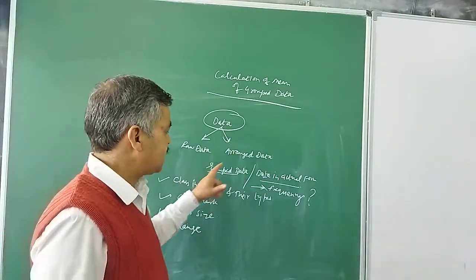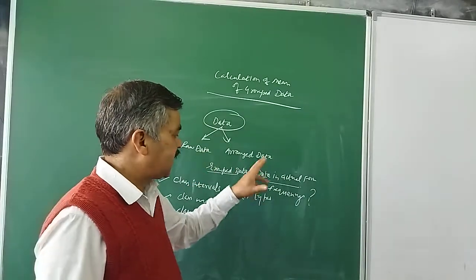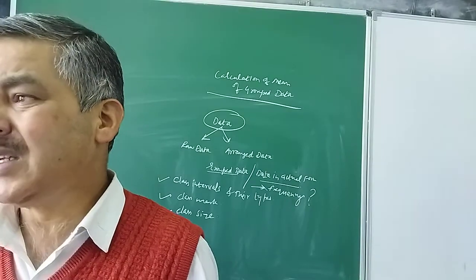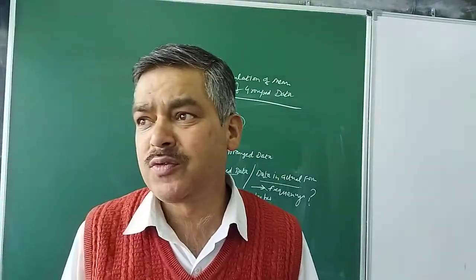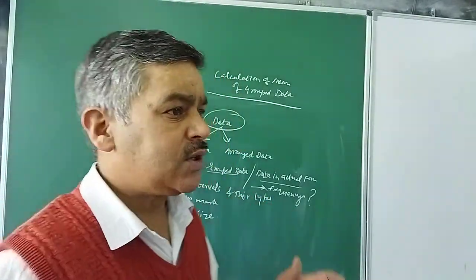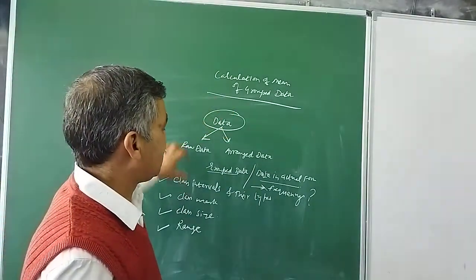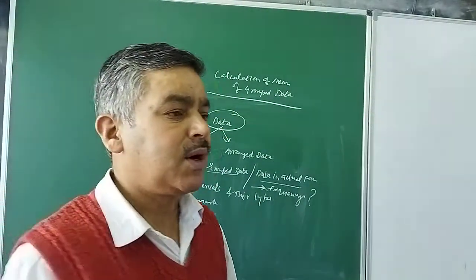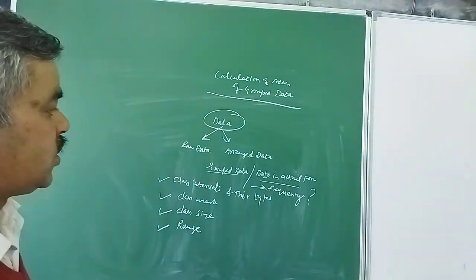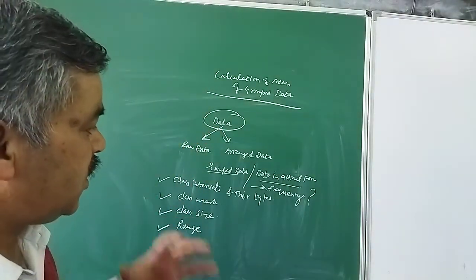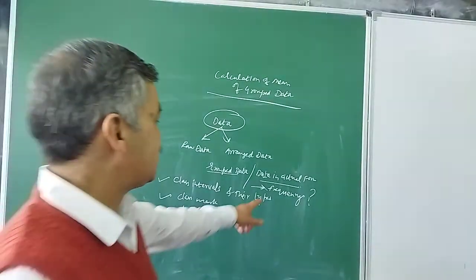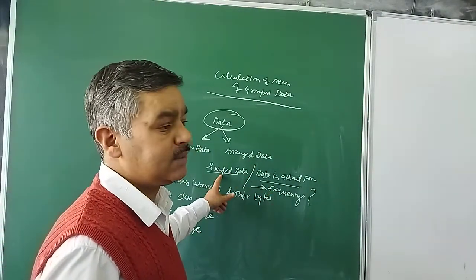So what is the difference between grouped data and the data in actual form? Whenever it is lying in its original form, we just have to pick the number of things from that, and write how many times that observation occurs. That number, when I mention it in the table, is called the frequency of that particular item.